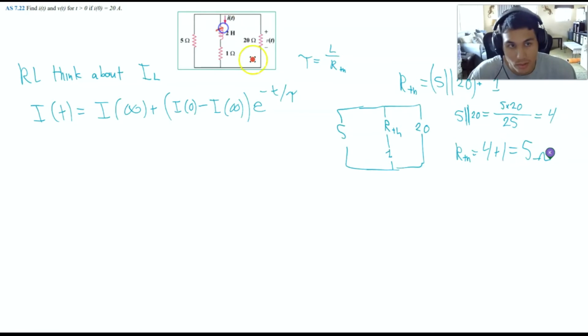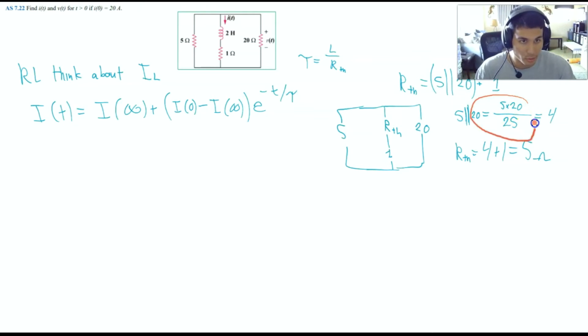So this inductor sees 5 ohms of resistance. And real quick, this is the shorthand trick for just two resistors in parallel. You could use the longhand formula with the reciprocals, but this is the short trick: resistor times resistor over resistor plus resistor.